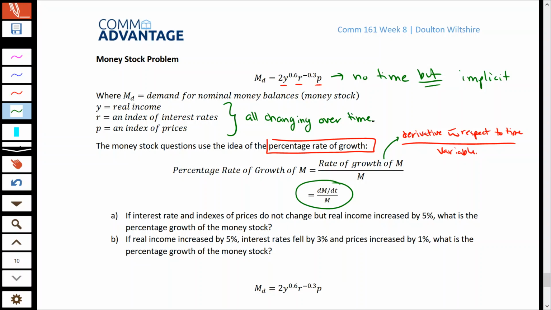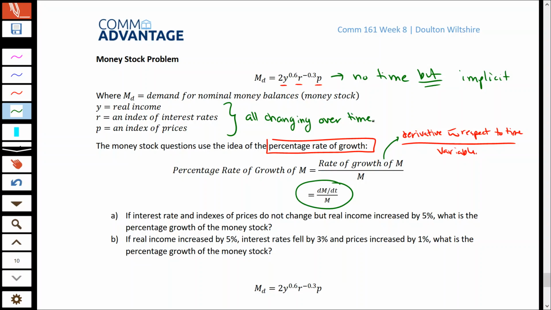So here we've got two classic questions. A says if interest rate and indices of prices do not change, but real income increased by 5%, what is the percentage growth of the money stock? B says if real income increased by 5% and interest rates fell by 3% and prices increased by 1%, what is the percentage growth of the money stock?